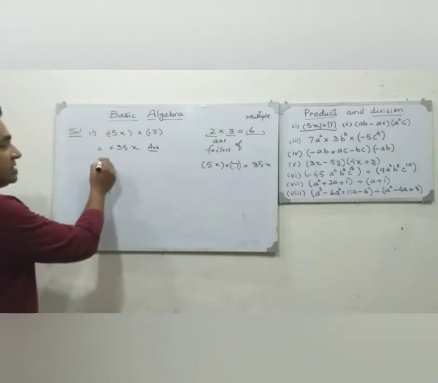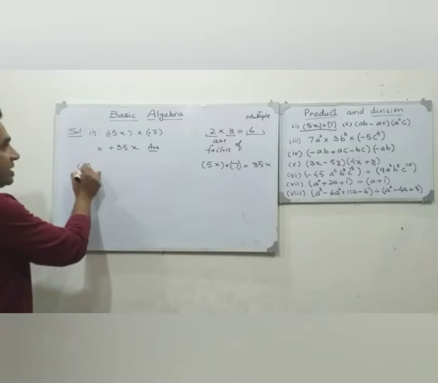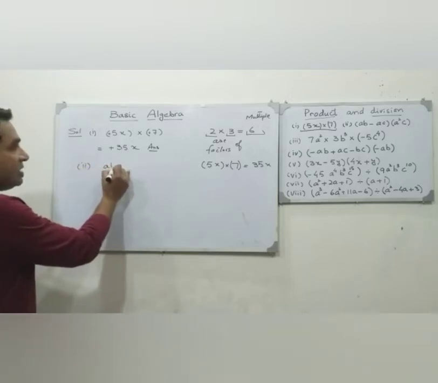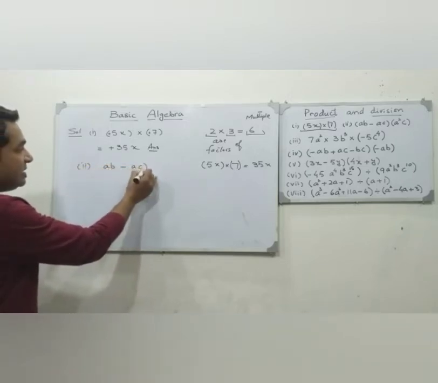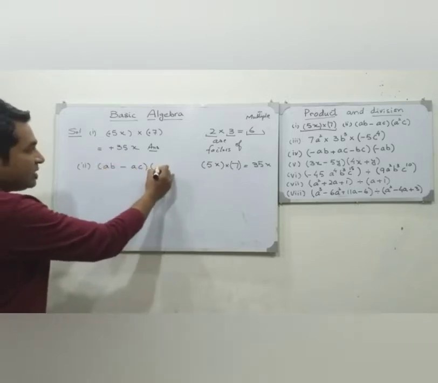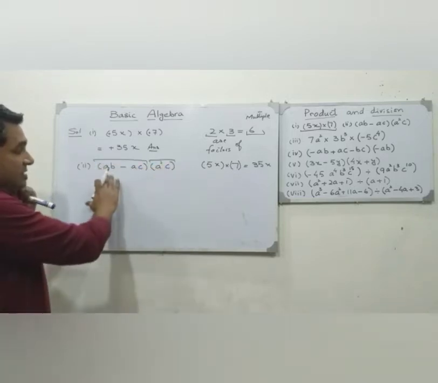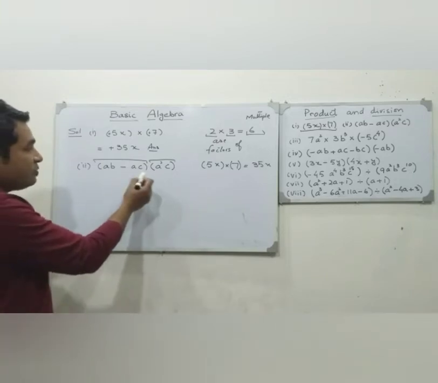The next question is part number 2. It is (AB minus AC) into A square. This is a product, so definitely we have to multiply.